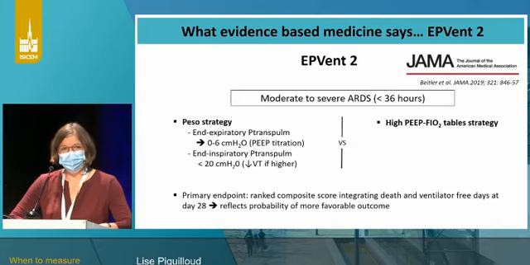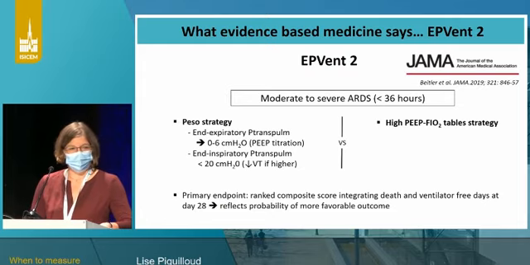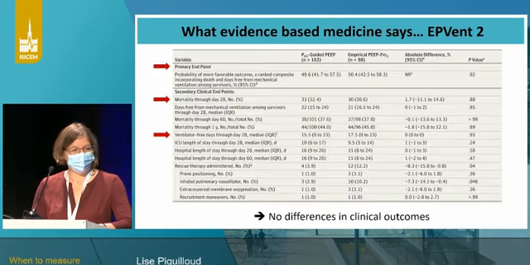Here, the target was 20 as a maximum value for end-inspiratory transpulmonary pressure, and the target end-expiratory transpulmonary pressure was between 0 and 6. The primary endpoint was a composite endpoint that reflects the probability of having a more favorable outcome according to the group in which the patient is.